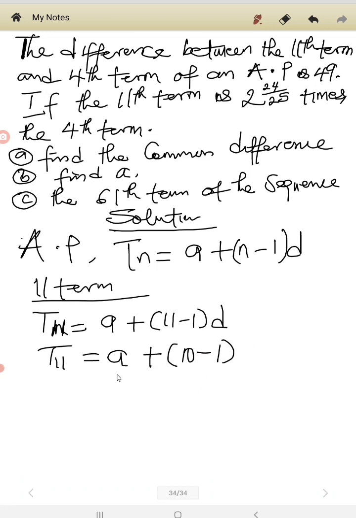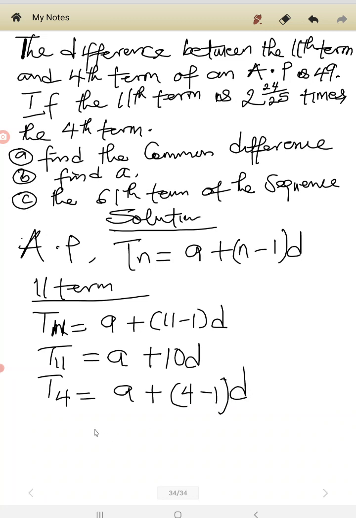So T11 will now be A plus 10D, because 11 minus 1 is 10. That is T11. Now we are able to find T4, the 4th term, which is A plus (4 minus 1) D, which is equal to A plus 3D.